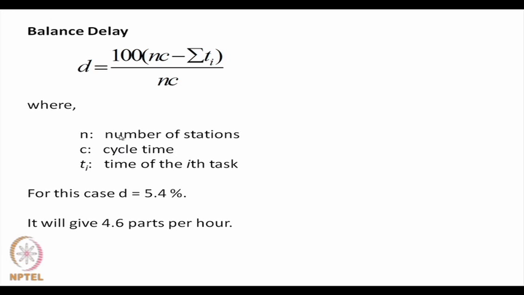So, 13 multiplied by 3 is N into C, minus total time is 37, divided by N into C, which is 3 into 13. This in our case comes as 5.4%, and with a cycle time of 13 minutes, it will give us 4.6 parts per hour.